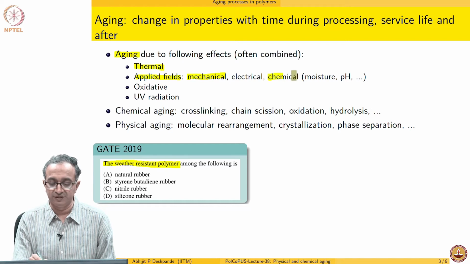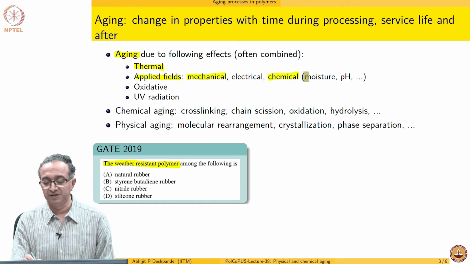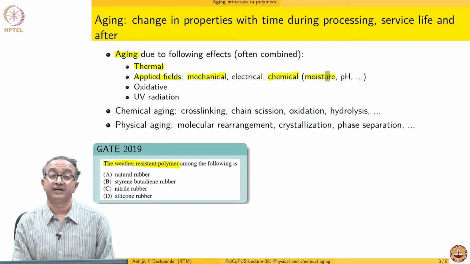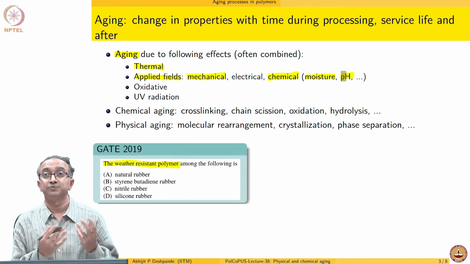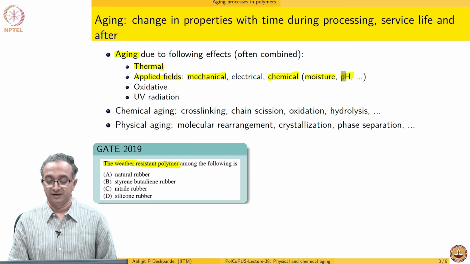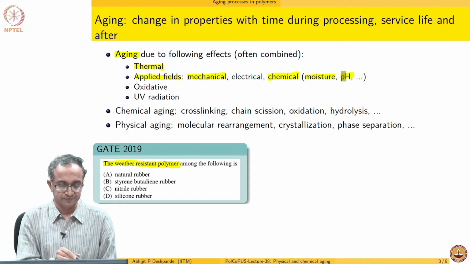It could also be a chemical load in terms of maybe a solvent which can react with the macromolecule. It could also be the ionic environment. So, acidic and basic conditions will change the reactivity of functional groups along macromolecule. And so, any of these could influence the aging.